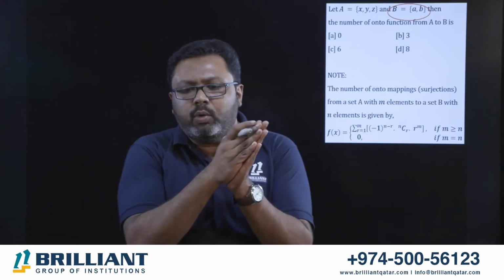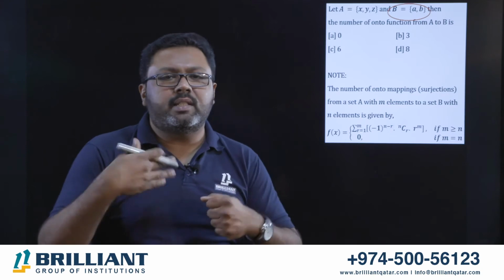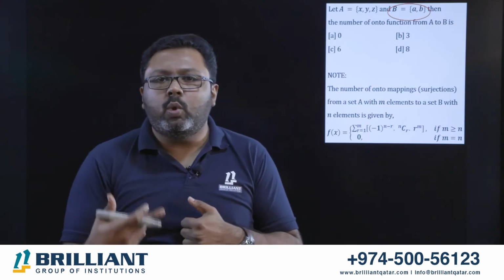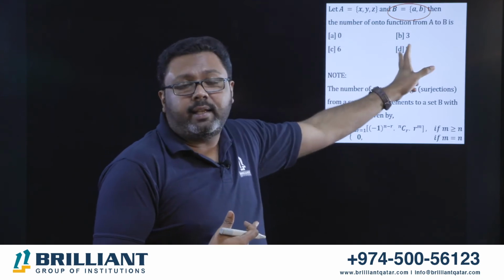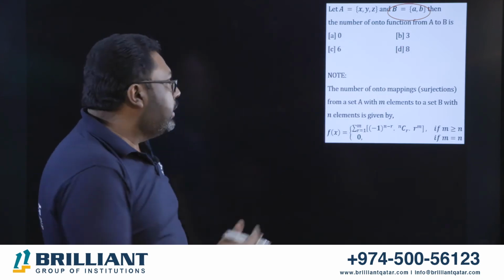Usually I've gone through many of the question papers, many of the sample papers. They're all asking you to find the number of onto functions when the second set has only 2 elements. That is so easy.